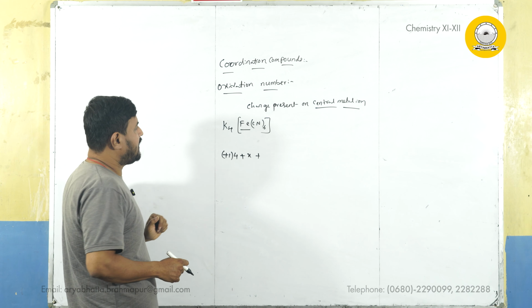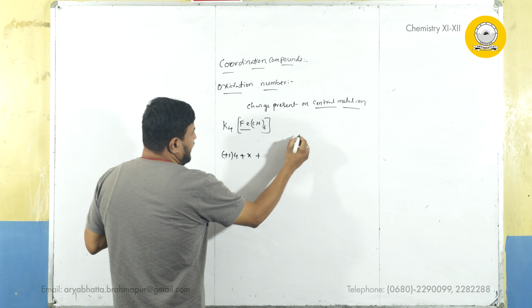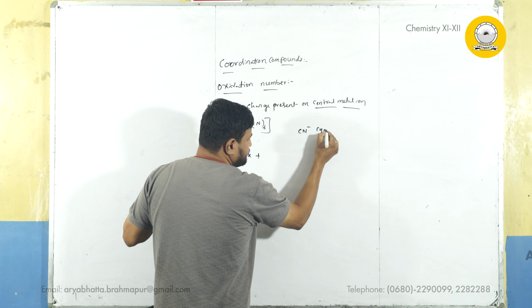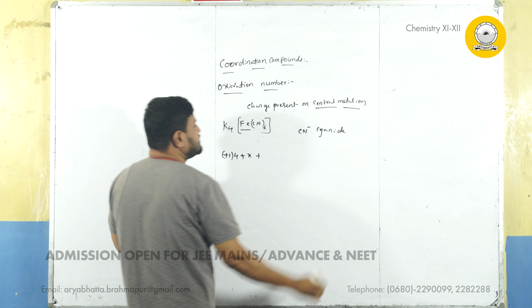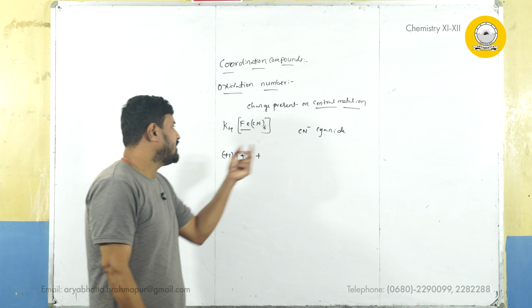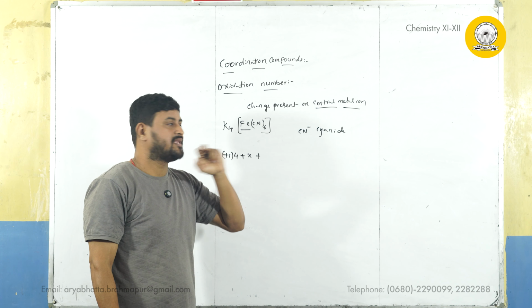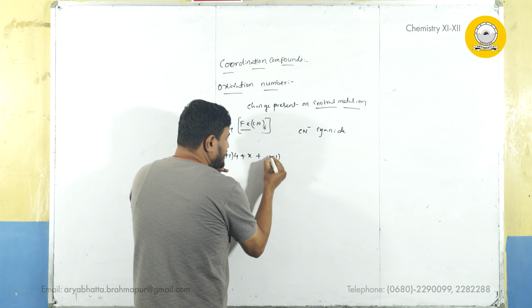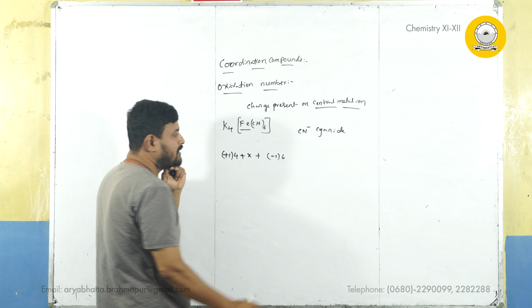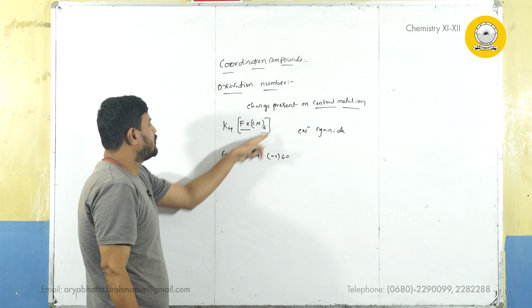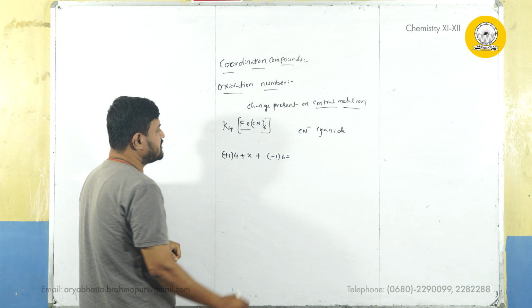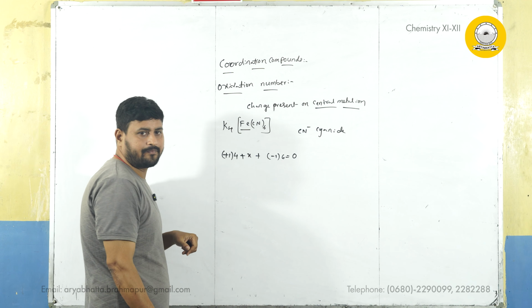Cyanide is CN minus, so the charge is minus 1. How many cyanide ions are there? Minus 1 into 6. The total molecule is a neutral molecule, that means equal to 0.